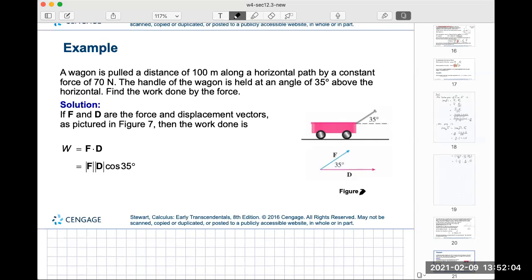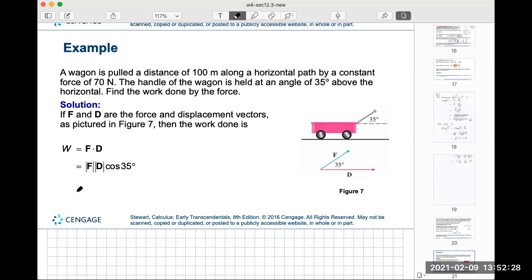From the previous argument, we know that the work done by this force would be the dot product of F and D, right? And it will be the magnitude of F times the magnitude of D times the cosine of the angle between them.